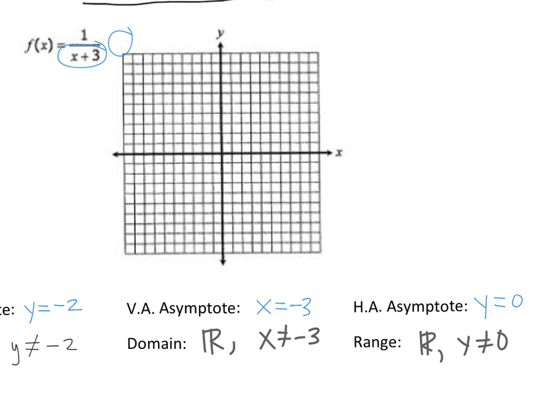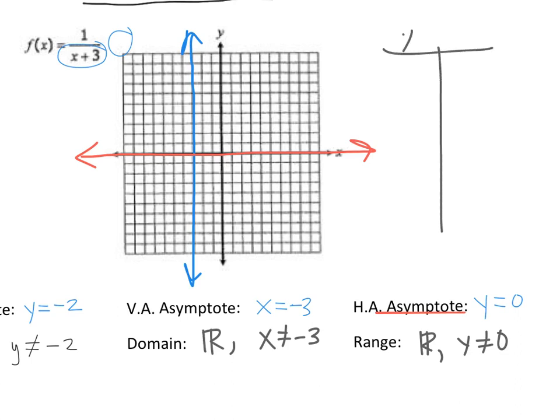So I'm going to draw in the asymptote, so it's going to be x is -3. That's going to be my vertical asymptote. My horizontal one is going to be y equals 0. And then I can make a table of values for my x and f of x.